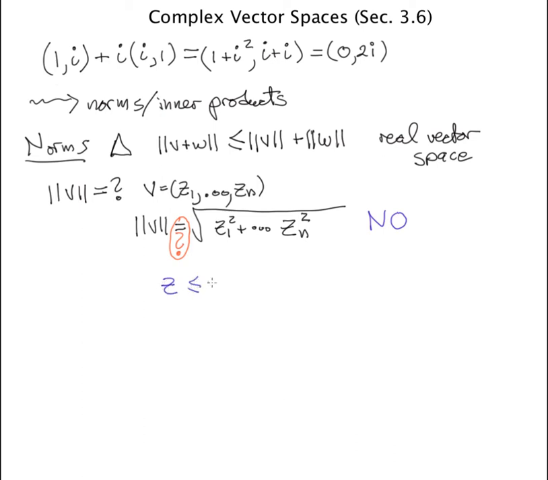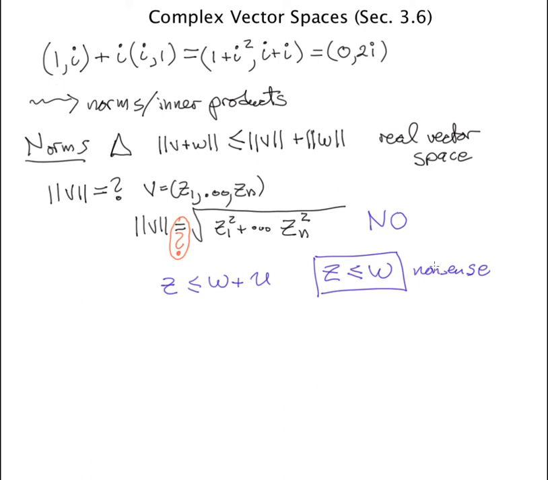You'd be saying something like z is less than w plus u. In other words, you'd be saying that one complex number is less than or equal to another. But this is nonsense. There's no such thing.